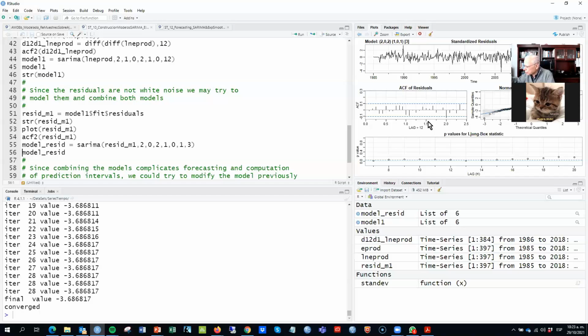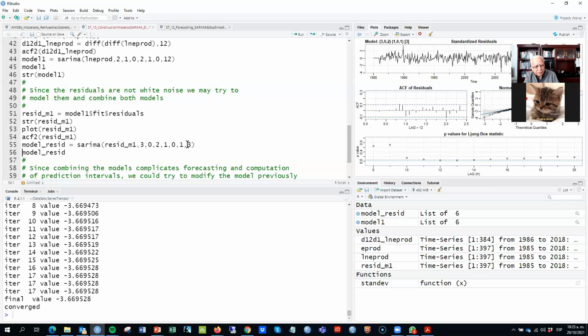I could try to improve this model, but all I want is a guide in terms of what type of changes I need to make to the original model that I assumed at the beginning, to get a better fit for the original series. Since I have very low correlations here, I could have a 3 here and see if that improves.